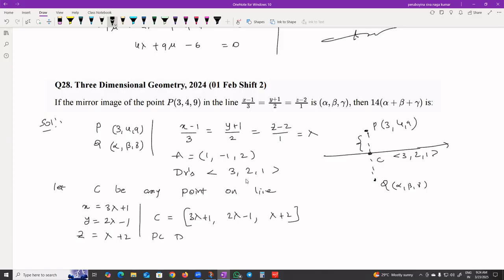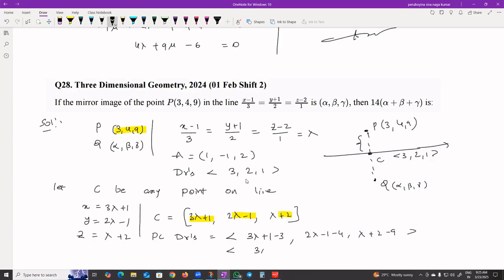Okay, let's calculate PC DRs equal to OC minus OP. So where is this P point? Let's calculate DRs. 3 lambda plus 1 minus 3, comma 2 lambda minus 1 minus 4, comma lambda plus 2 minus 9.